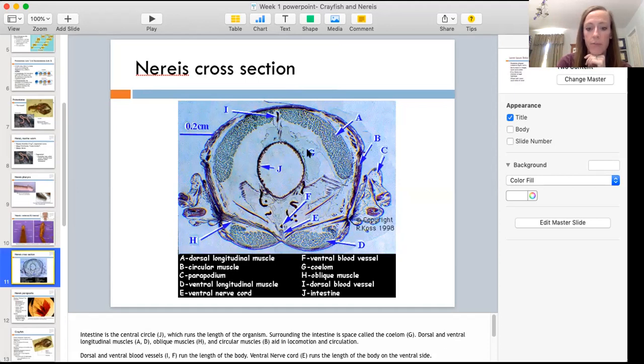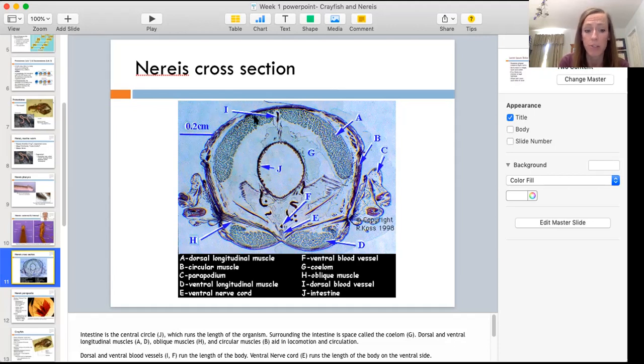J is our intestine. There's a body wall, of course, on the outside. There are parapodia, those little appendages that come off on both sides, left and right. And then there's some other structures, some muscles and blood vessels and nervous system within the body wall. Okay, so we're going to identify each of these different structures.